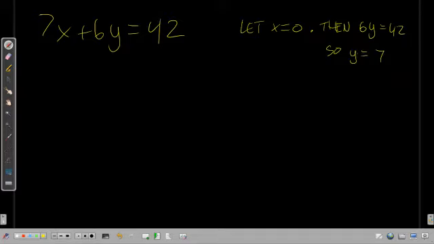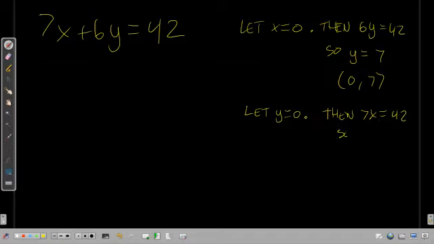So y is 7. It goes through the point (0, 7). On the other hand, if y is 0, then 7x is 42. So x equals 6. It goes through the point (6, 0).